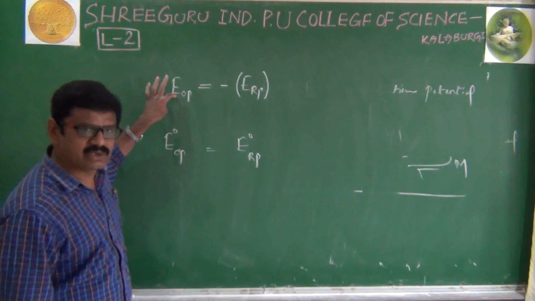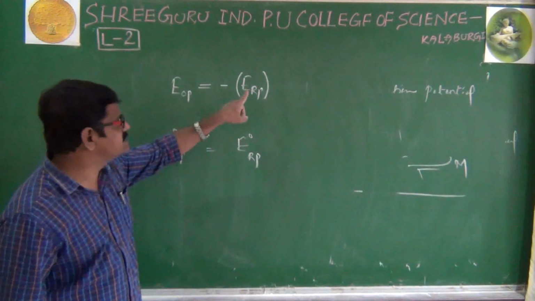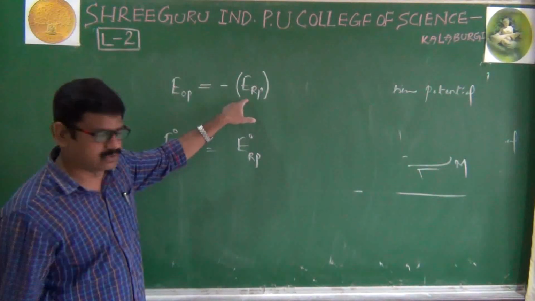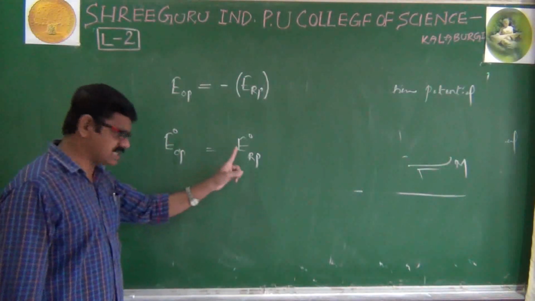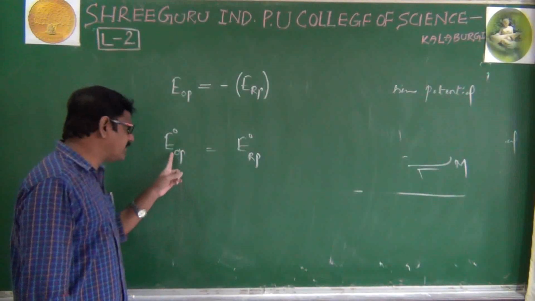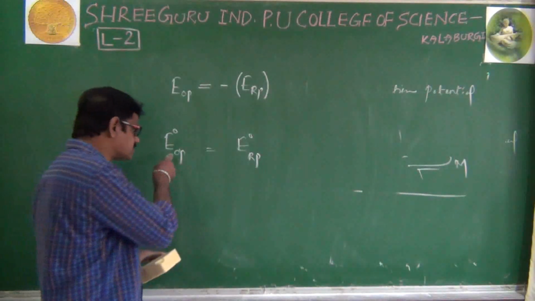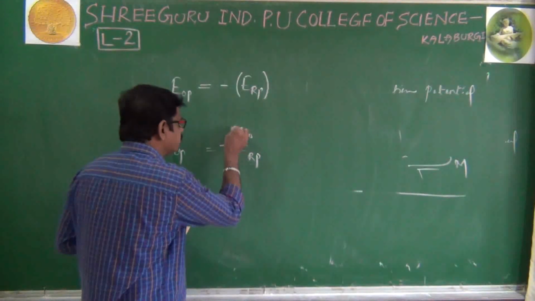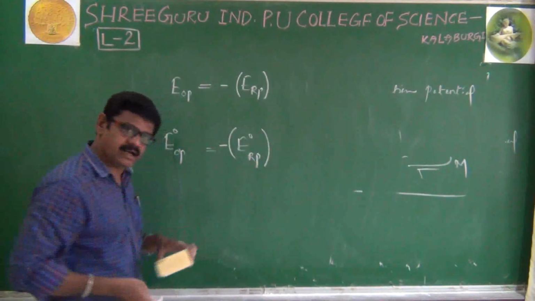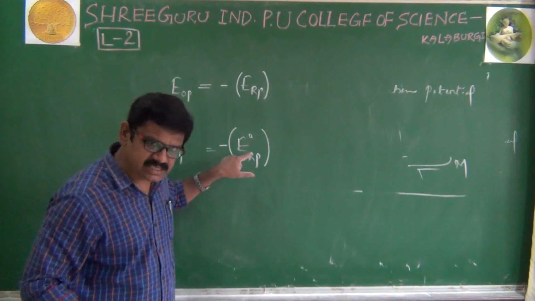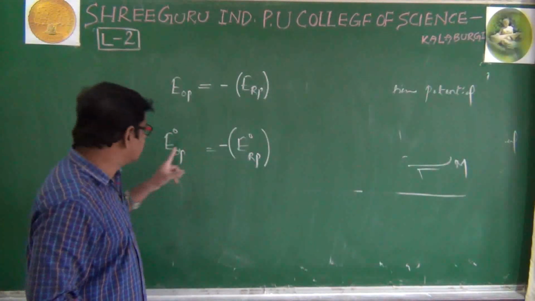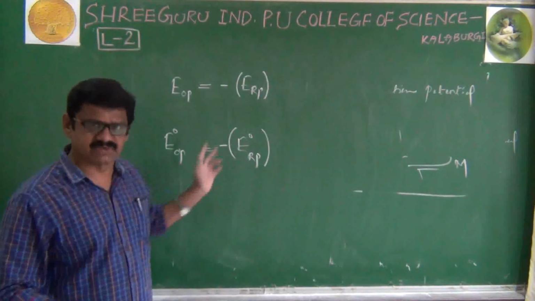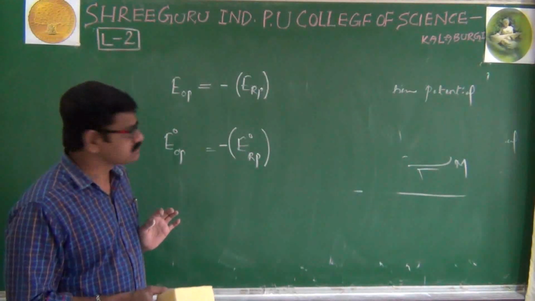If one value is positive, the other value is negative with the same magnitude. Also for standard potentials, if E naught oxidation potential is positive, E naught reduction potential value will be negative, or if E naught reduction potential value is positive, E naught oxidation potential will be negative. Vice versa, we have to remember that.